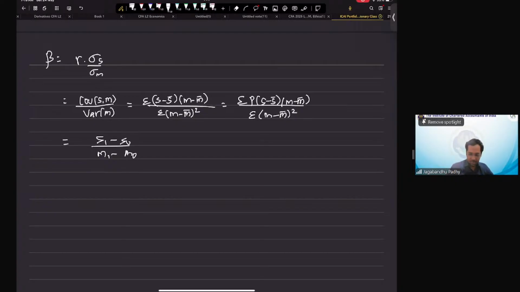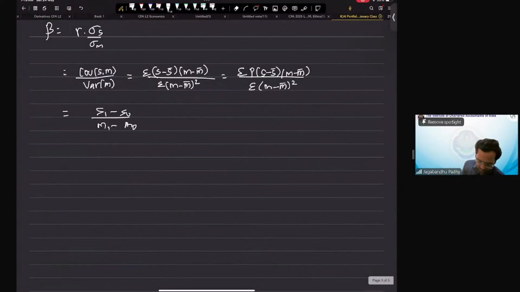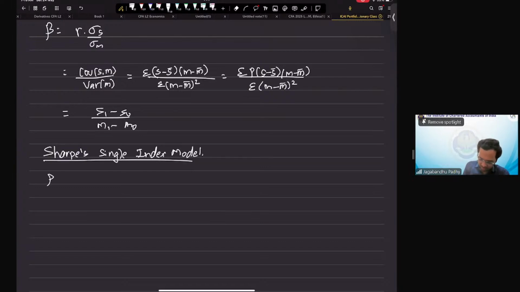Okay, so this beta is essentially used to capture only the systematic risk. An alternative to this CAPM was again established by Sharpe, called the Sharpe single index model. In this single index model, they stated that the return of a security will be beta times the market plus alpha plus an error term.